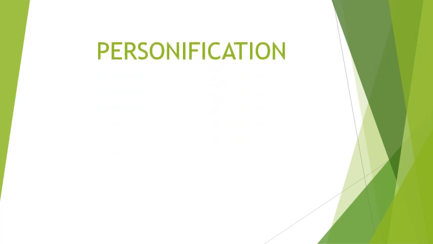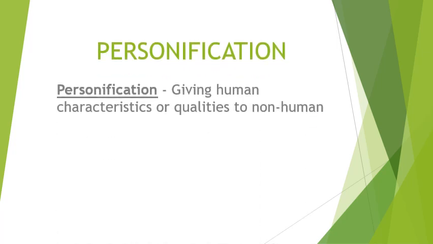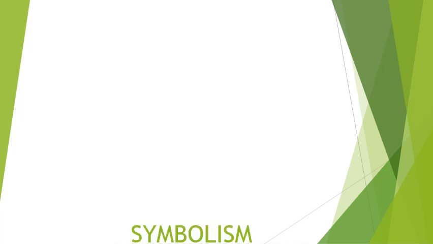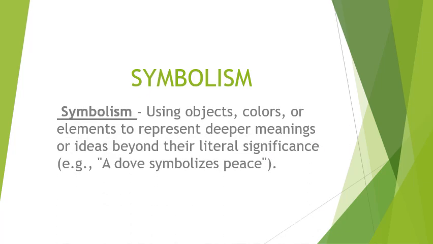We also have personification, giving human characteristics or qualities to non-human objects, animals, or abstract concepts. Example, the wind whispered through the trees. Symbolism is using objects, colors, or elements to represent deeper meanings or ideas beyond their literal significance.